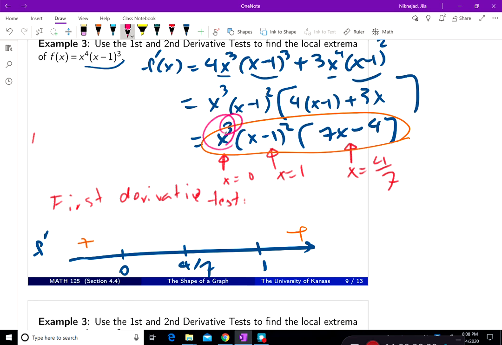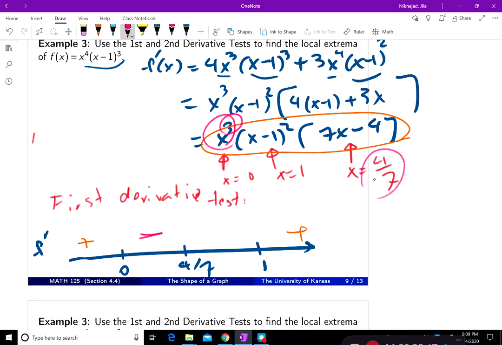Therefore, when I pass x equal to 0, the sign has to change. 7x minus 4 gives you a root x equal to 4/7 of degree 1, because this linear factor is of degree 1.